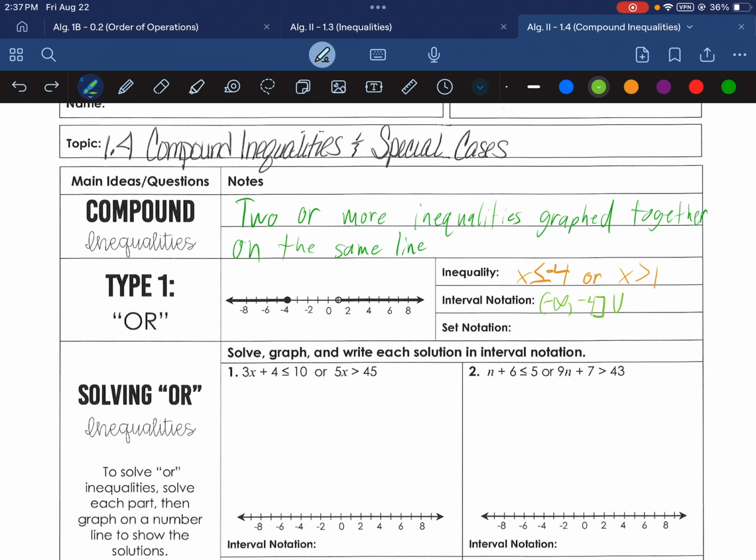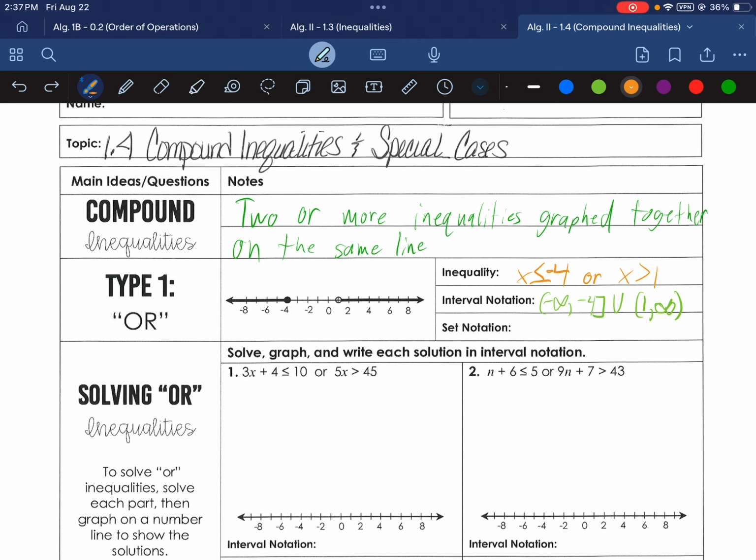It's a u without a tail, and that stands for union. It means we're doing this part on the left, union, the part on the right. And so on the right there, we go starting at 1 on the left to infinity on the right, and those would both be parentheses. So we're saying it exists on this interval as well as this interval, both pieced together.